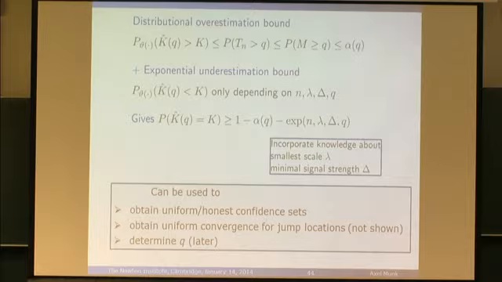So what we can do now is we can construct confidence sets where we really can say something, at least to some extent, about its covering property. And we will see that from that bound we get uniform convergence of the jump locations and the jump sizes and the function itself. And we express everything in terms of the smallest scales and the smallest signal strengths.